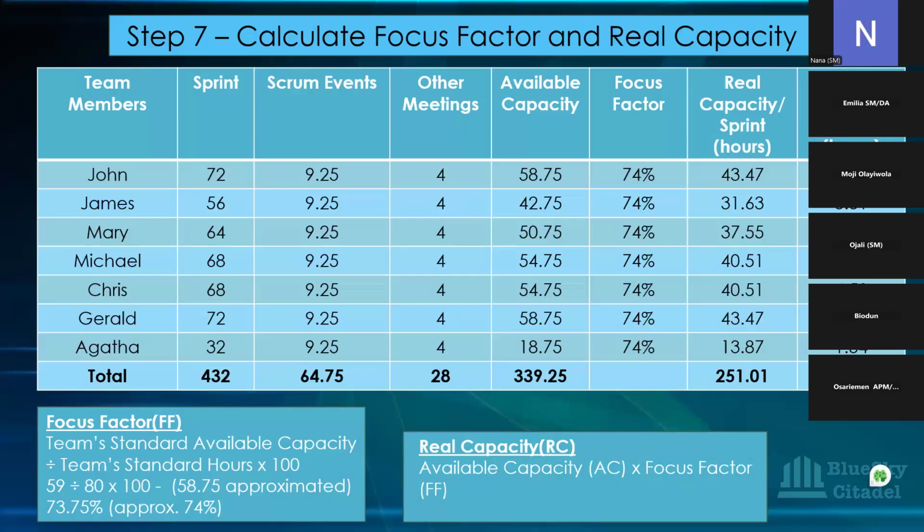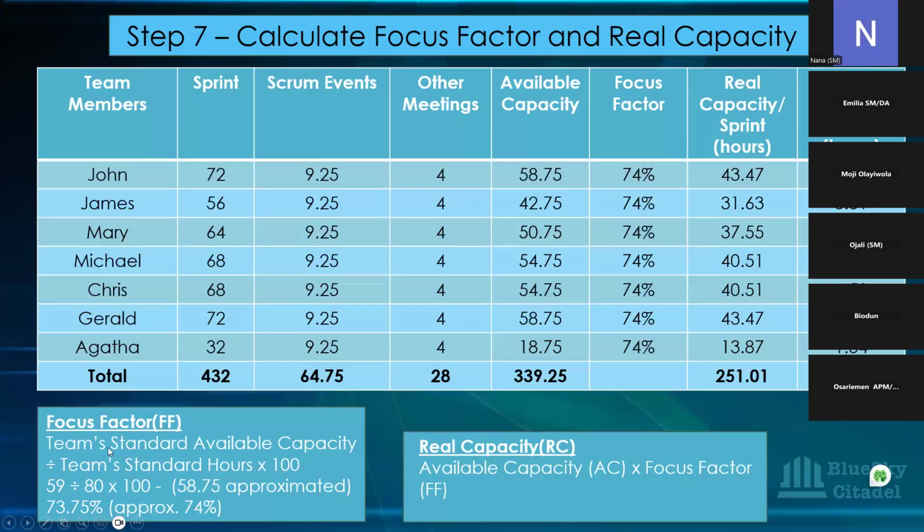And what we do, again, if we look at our column, is their available capacity, which we've been able to get here because we deducted the scrum ceremonies and the other meeting hours from their sprint time after removing all the holidays. Now, for how we come about this 74% here, is the formula that we have here.